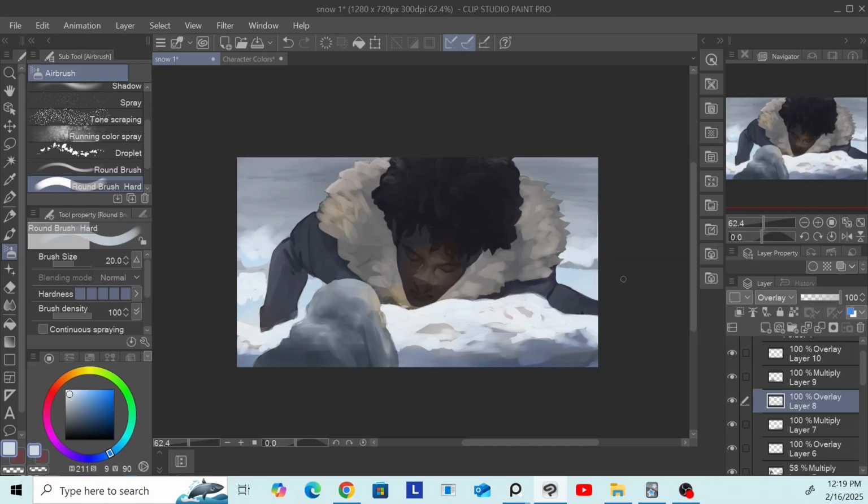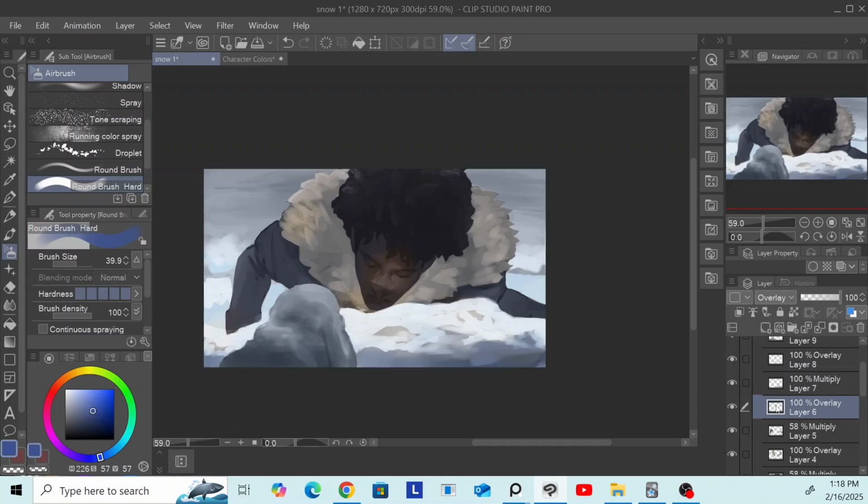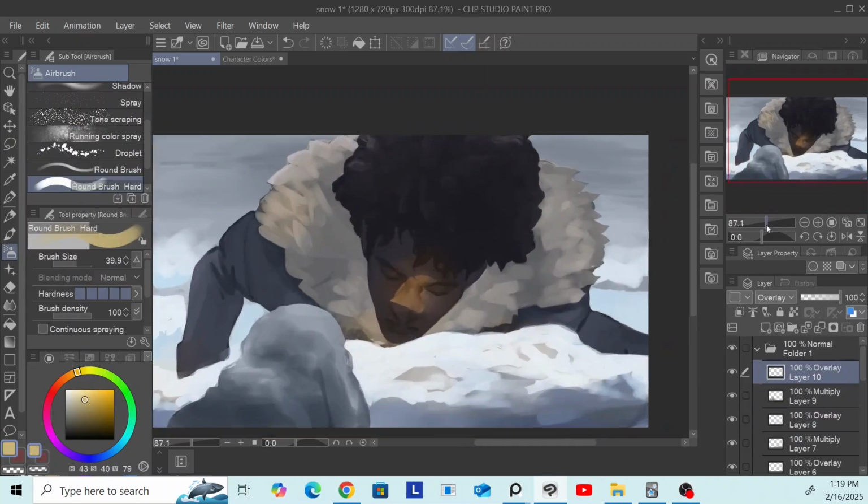Should I do it the color balance way? There's so many options. I found myself getting overwhelmed with each decision that I had to make. There are so many decisions at different parts of the illustration, and sometimes it could get really overwhelming.